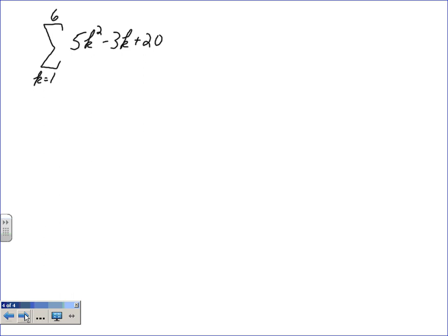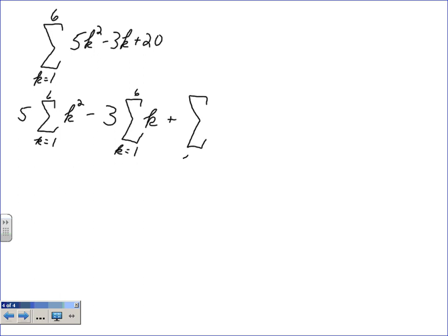First of all, I'm going to split this up into 3 separate sums. So it's going to be 5 times the sum from 1 to 6, that's how that's read, of k squared, minus 3 times the sum from 1 to 6 of k, plus the sum from 1 to 6 of 20.